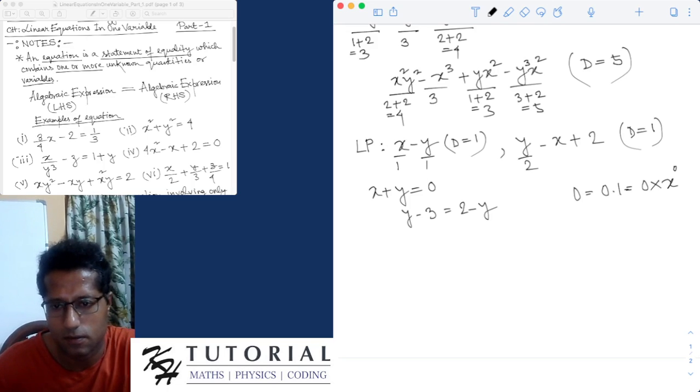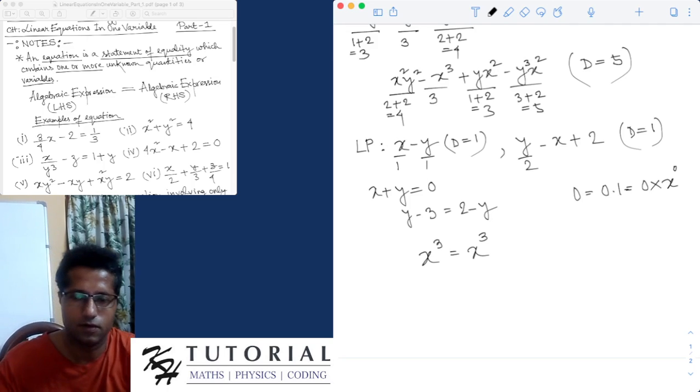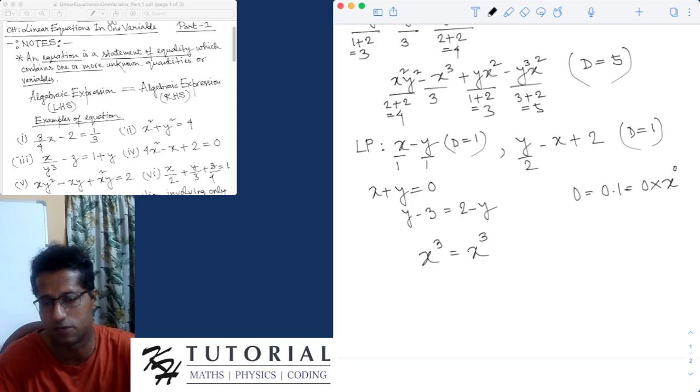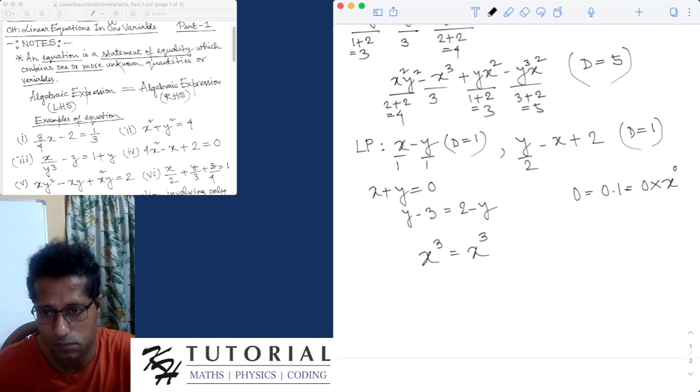So if I consider x cube equals x cube, is this an equation? As per the definition we have discussed so far, both the left hand side and the right hand side are algebraic expressions, so it should be an equation, but it is not an equation.